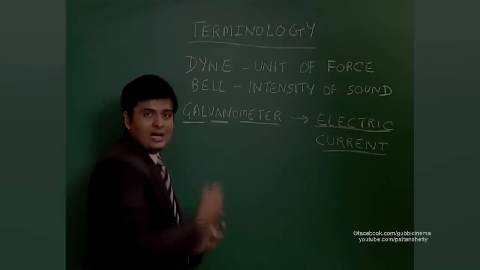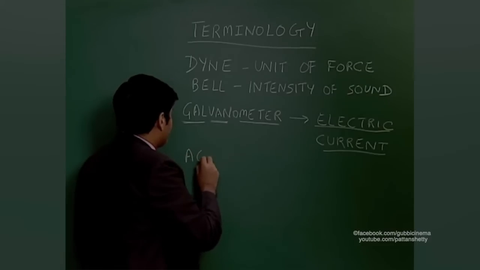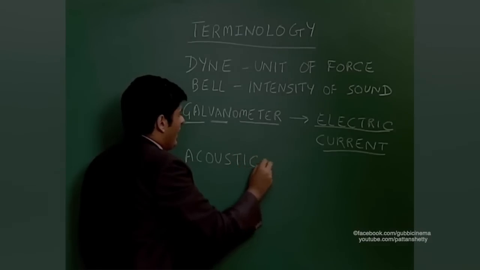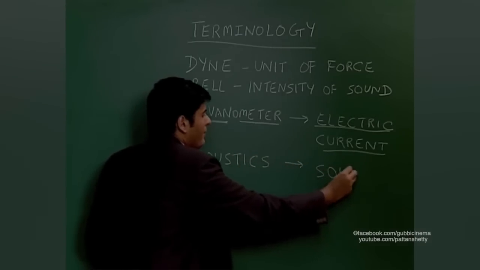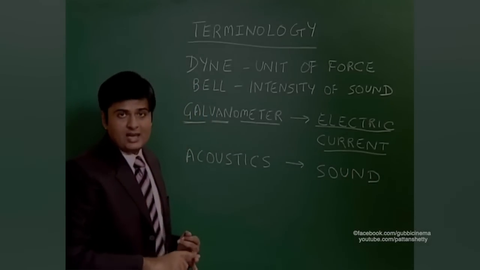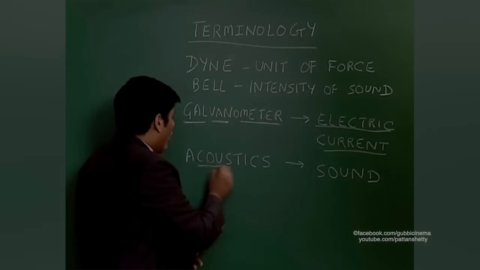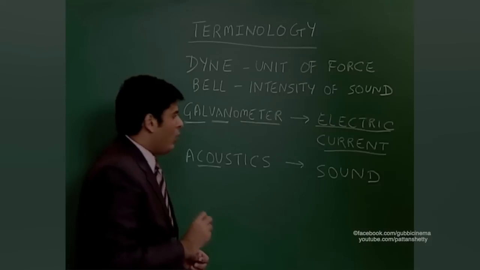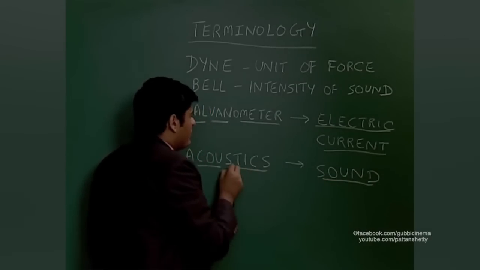So whenever the word galvanometer is flashed in your mind, it will remind you that it is electric current. For example, friends, the word acoustics is the science of sound. How do you remember? Very simple. Again, form a picture, try to make sense, try to make it special. There is a cow. We all know cow is an animal. There is a cow, and when the cow removes sound from its mouth, a stick pops out.